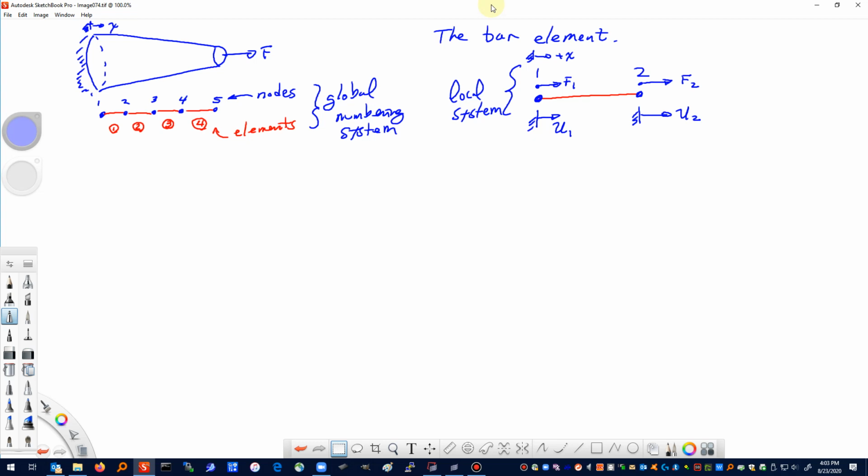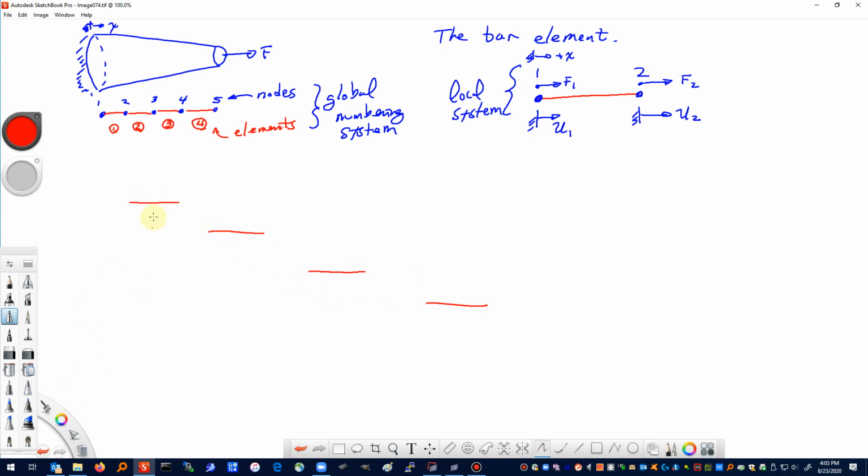So we have these 4 global elements, and we have these 5 nodes. And so for each of these, I'm going to draw them out separate from one another. And I'm going to stagger these so that we can kind of see it this way. So there's 1, there's 2, there's 3, and there's 4.